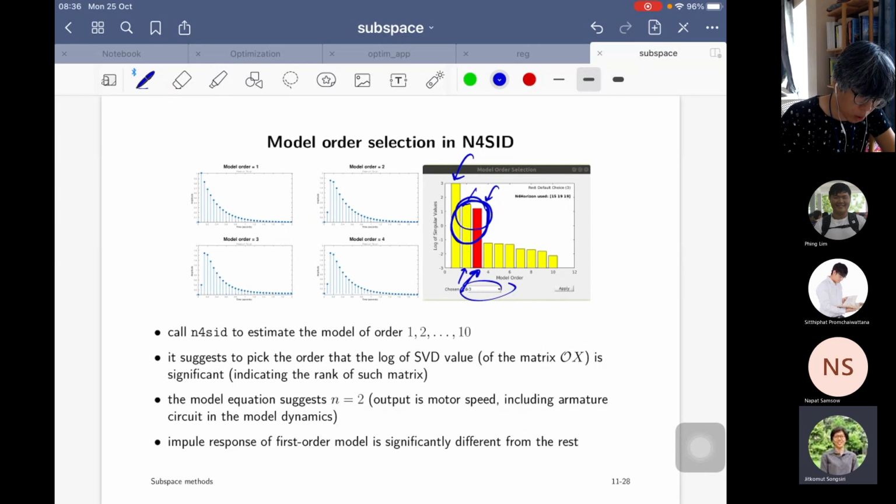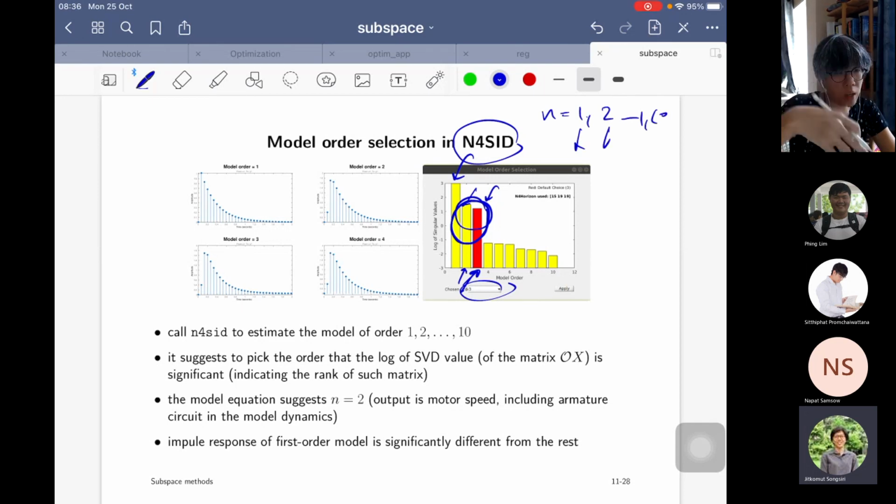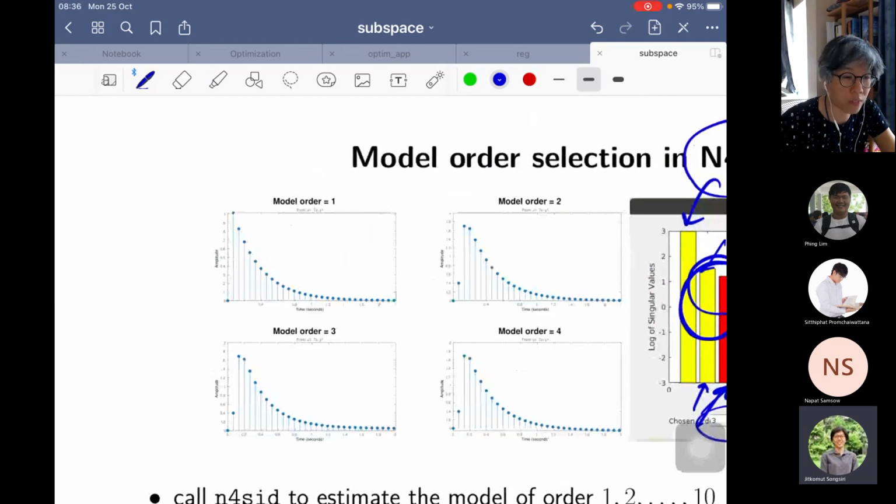So basically, you can call N4SID by varying n from 1 and 2 to 10, which means you're going to get estimated models at different orders, first order, second order, all the way to the 10th order. I select 4 of them and plot the impulse responses of the estimated models.